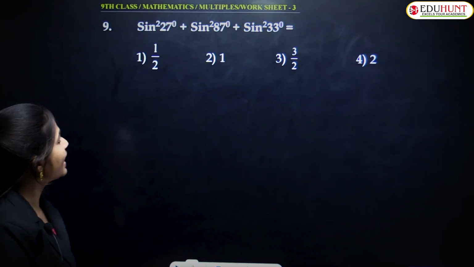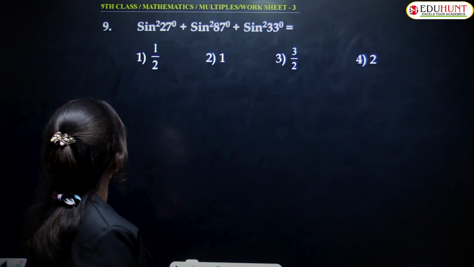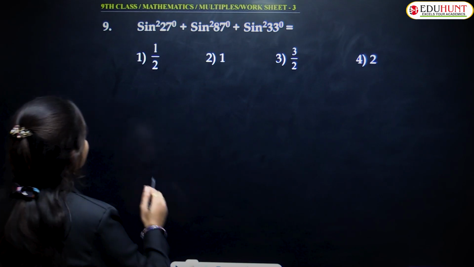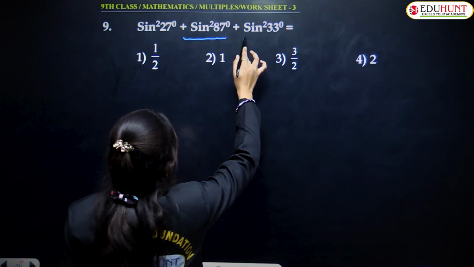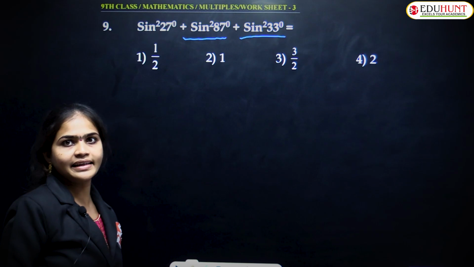Next, the 9th question: sin square 27 degrees plus sin square 87 degrees plus sin square 33 degrees.